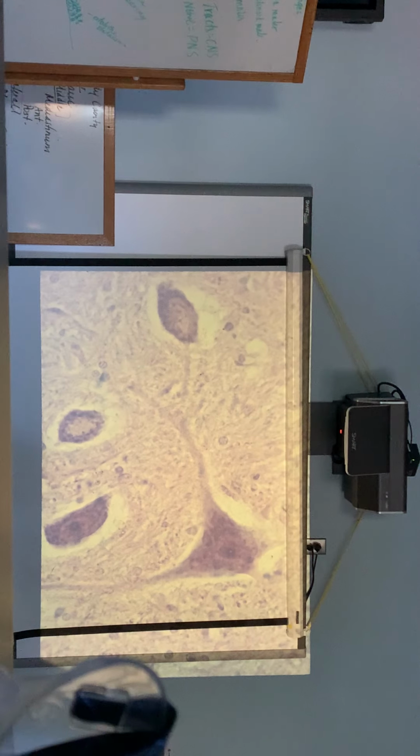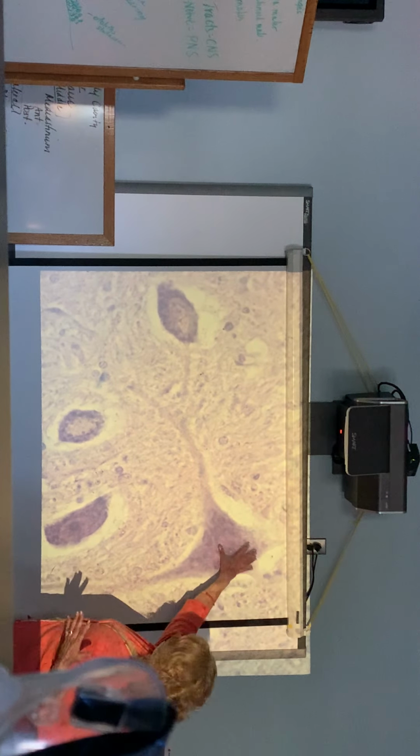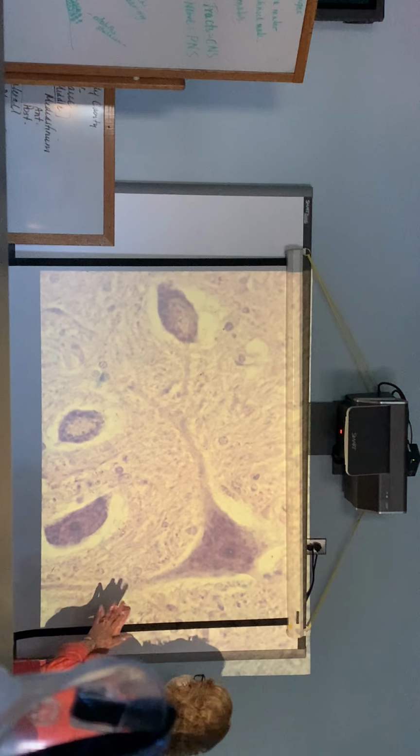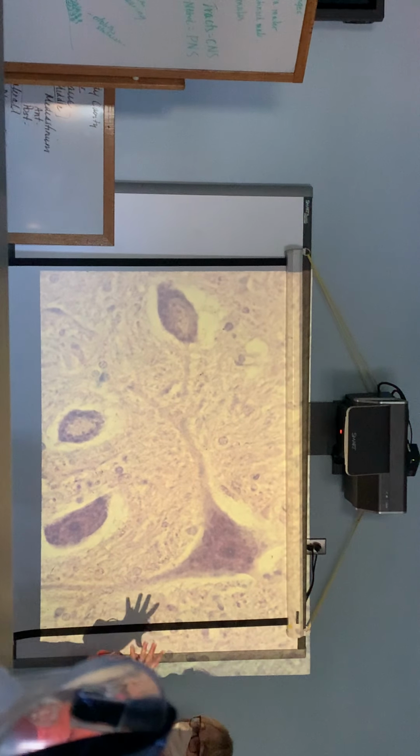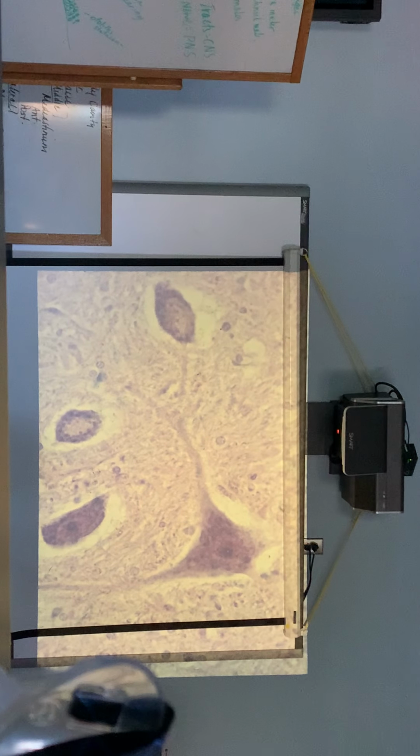So that's kind of what you can see looking at this slide. In the first part, we can't really tell which one's which. But in this one, I have a better guess. It's definitely not this one, and definitely not that one, but it could possibly be this one or that one. That's called the axon hillock, which is the first portion of the axon, and it most likely is this one.